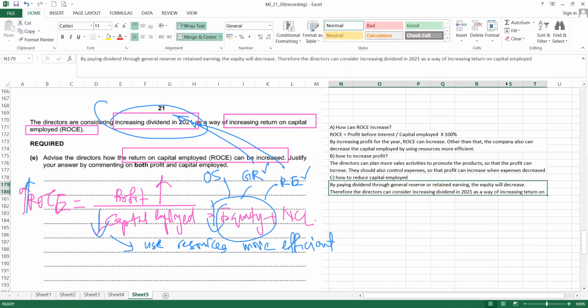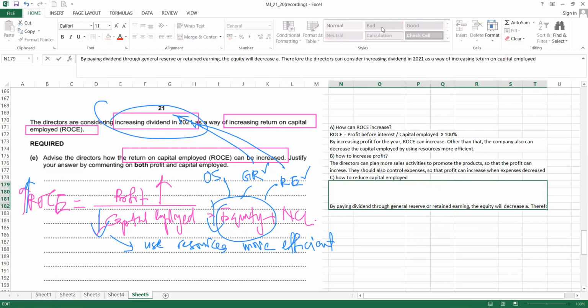Let me add some more points for it. By paying dividend through general reserve or retained earning, the equity will decrease, and capital employed will decrease.